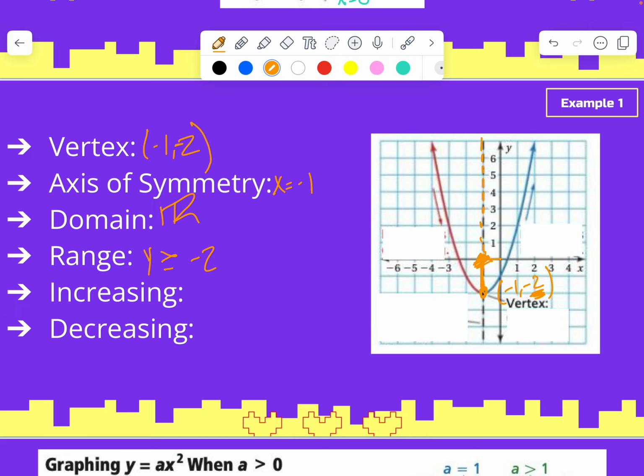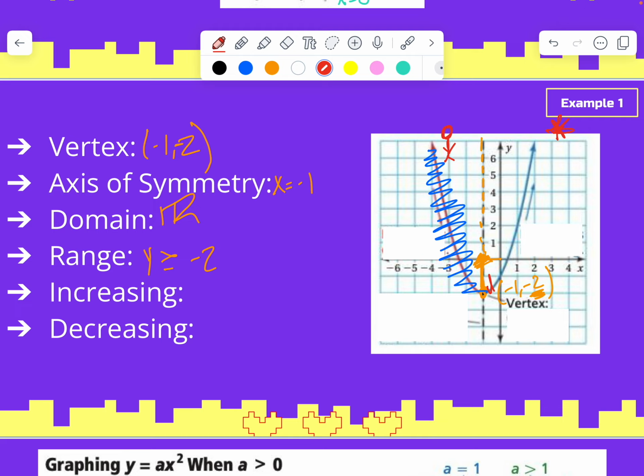Now, this idea of increasing and decreasing can be a little bit tricky. If I were to plant you inside this math problem right here, anywhere that we would be running downhill, we would be decreasing.